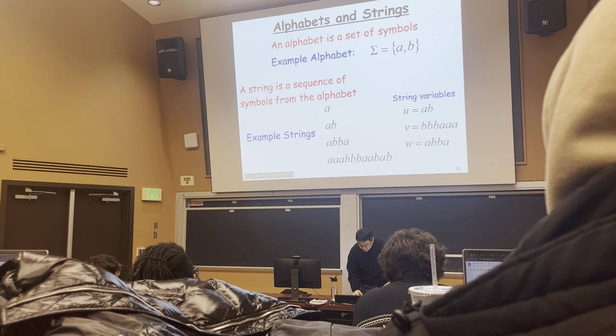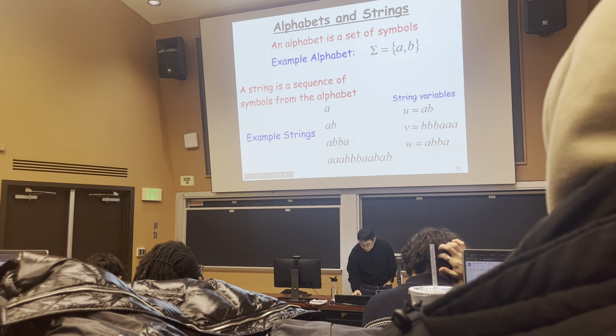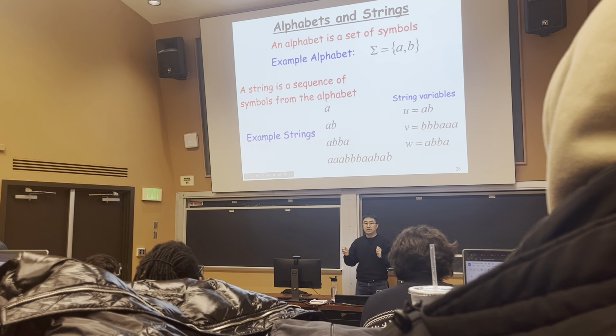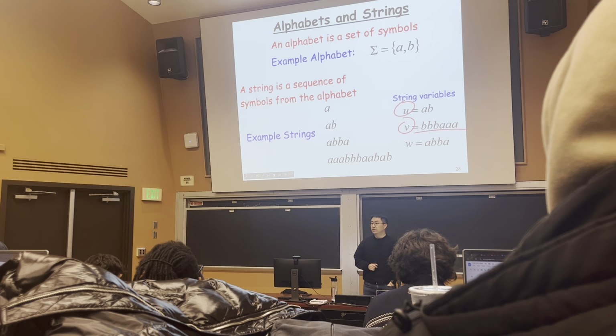We can define a variable and say U is a variable that includes maybe this AB string. We introduce variables so that later we can define some operations among them. Maybe we concatenate U and V, then we can generate a new string.